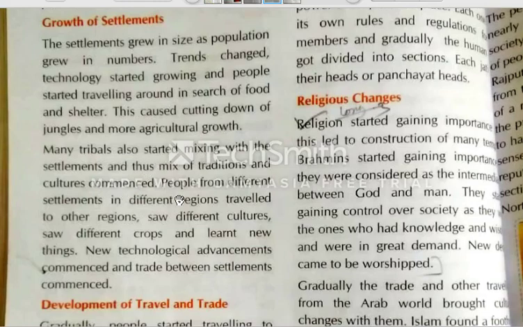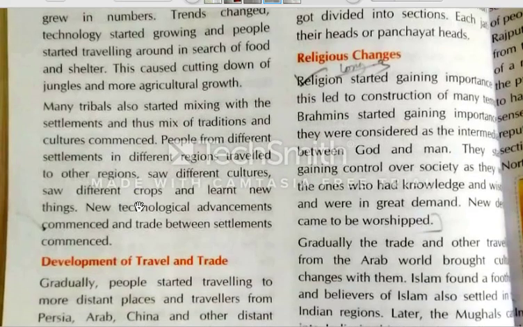People from different settlements in different regions traveled to other regions, saw different cultures, saw different crops, and learned new things. When they started moving from one place to another, or starting settlements in different places, they saw different cultures, different religions, and different crops, and also learned them.